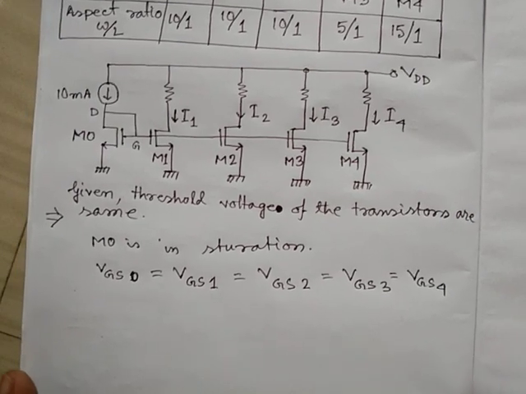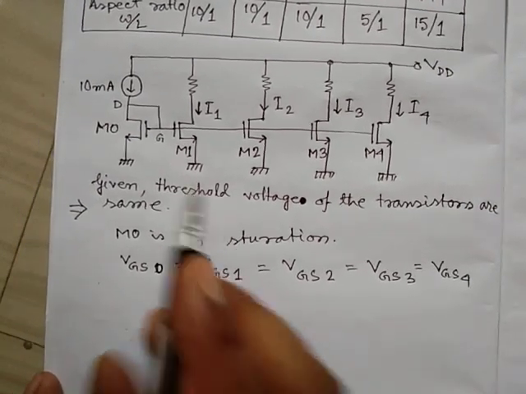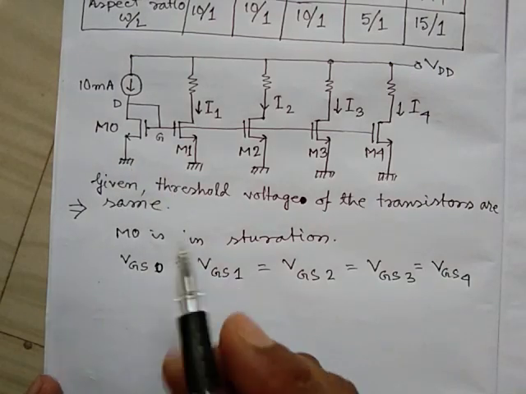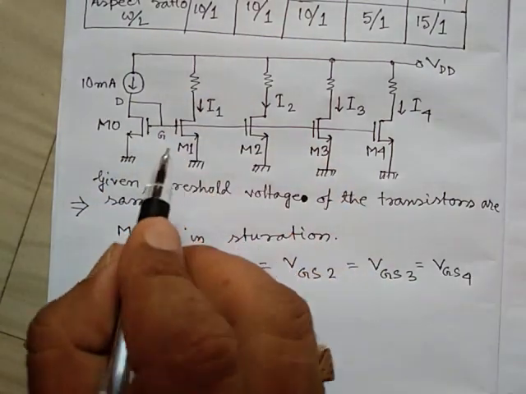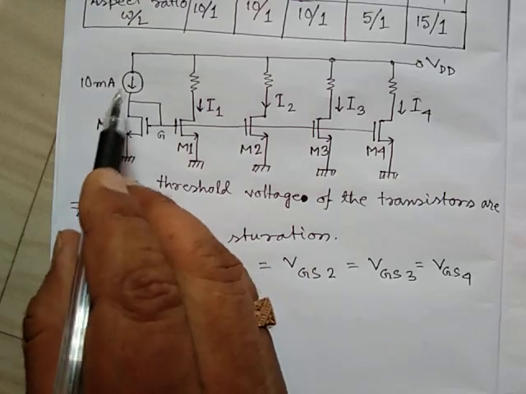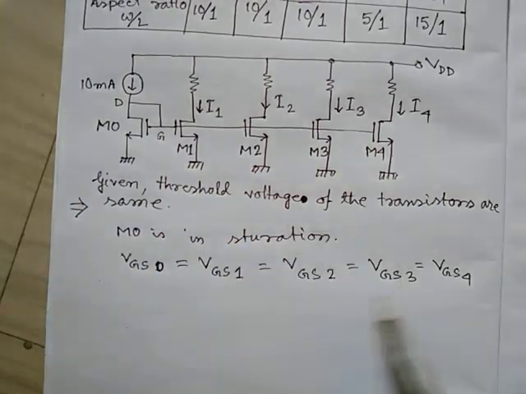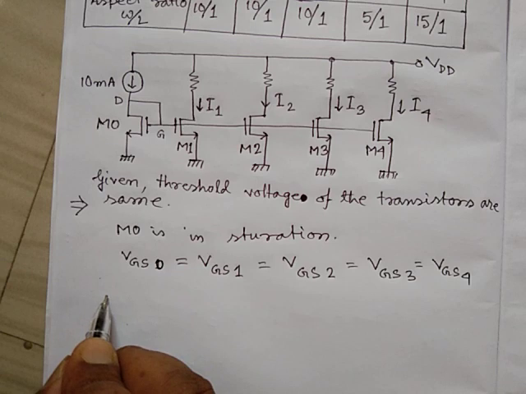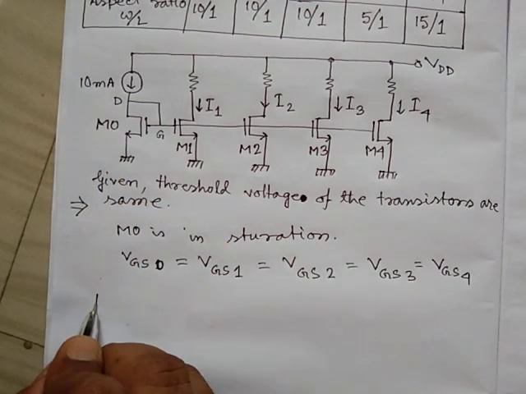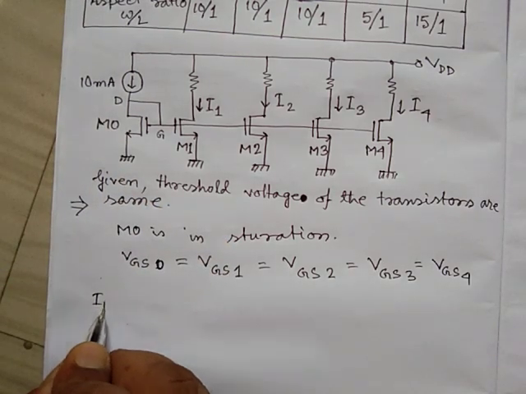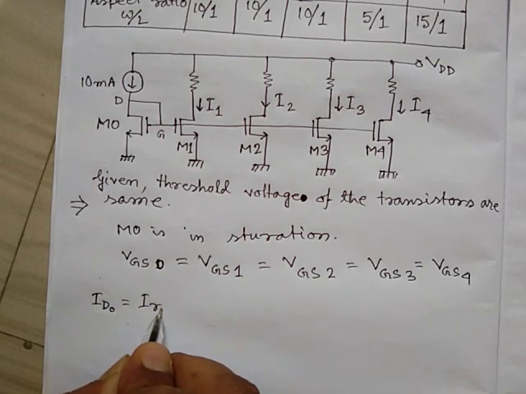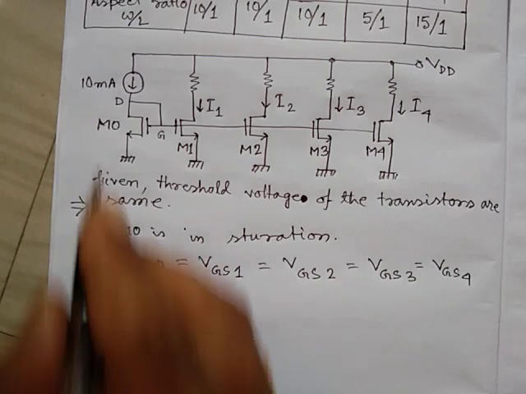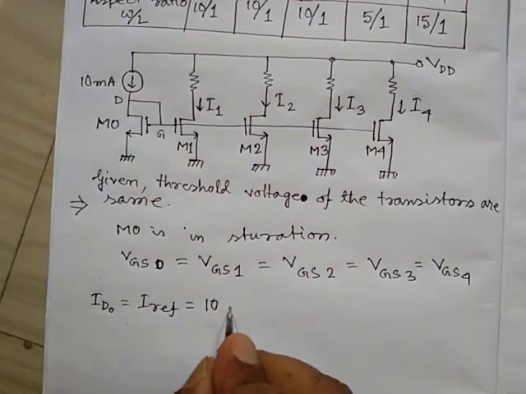Now, from the current mirror circuit we have seen that if we take the ratio of the currents of M0 and M1, then for M0 the current is ID0, which equals the reference current, and the reference current is given as 10 milliampere.